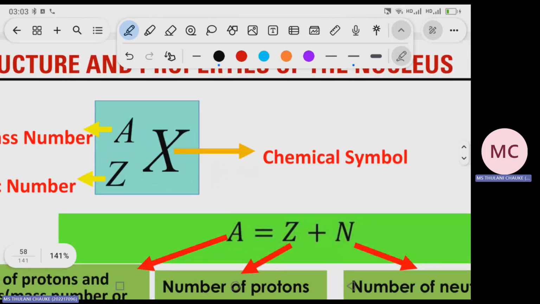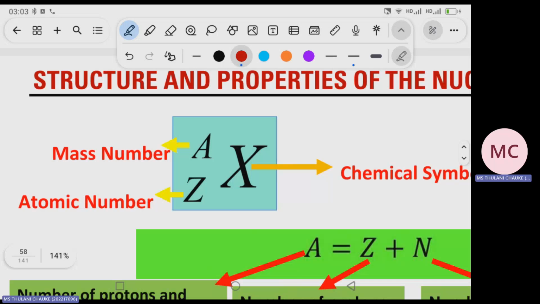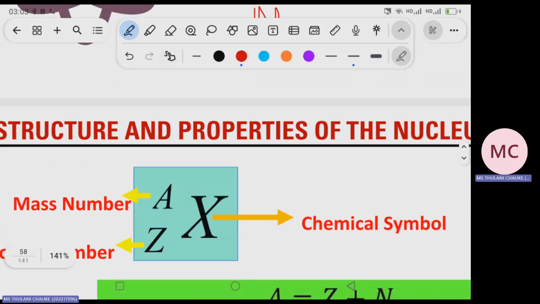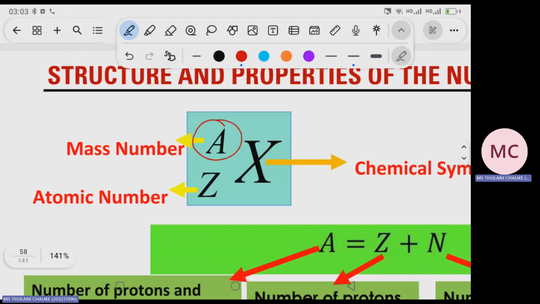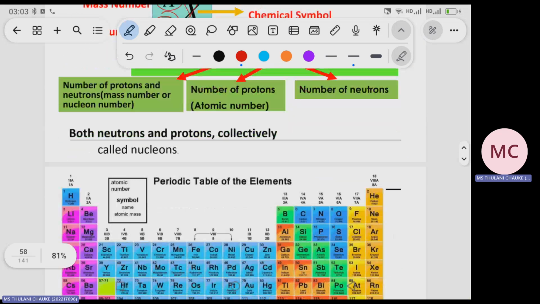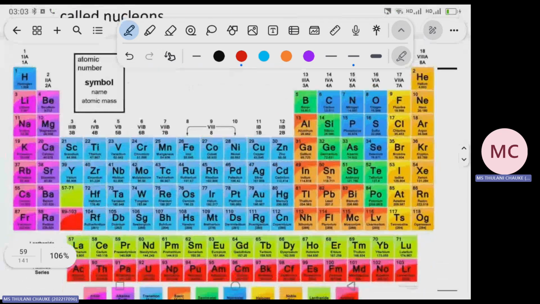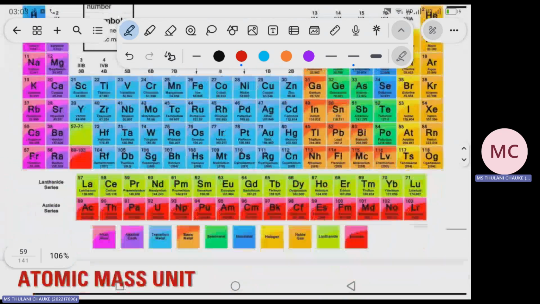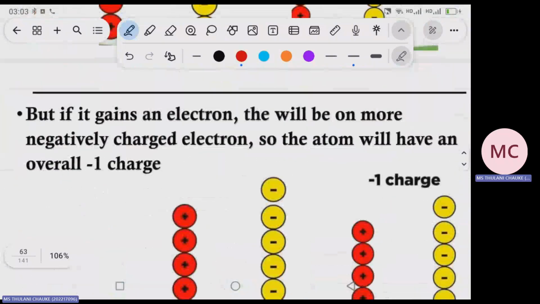You guys already know this. That A here will represent the mass number, and this Z will represent the atomic number, and this is our element in the periodic table. So if you are looking for an element, you know that you're going to use this.